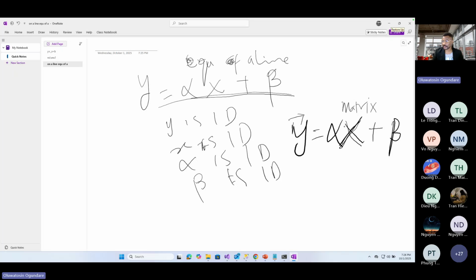To be completely clear, this would be N by M, and alpha would be N by 1, and Y would be M by 1, and beta would be M by 1.